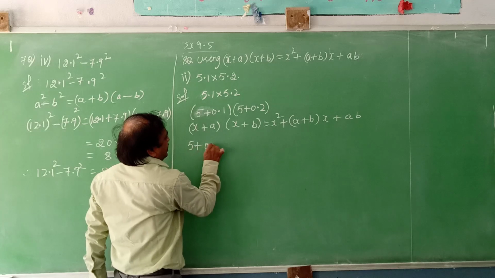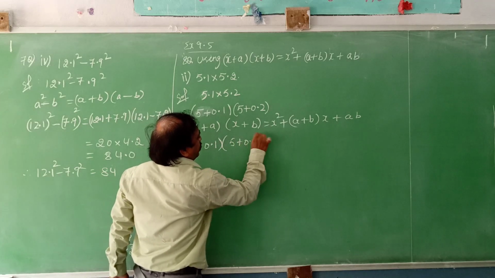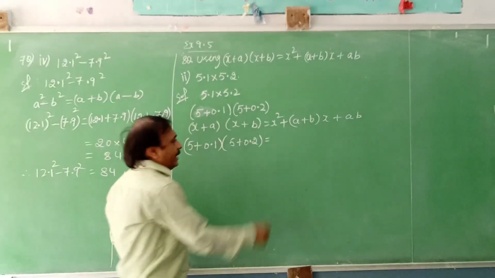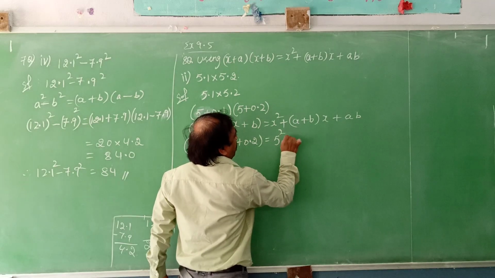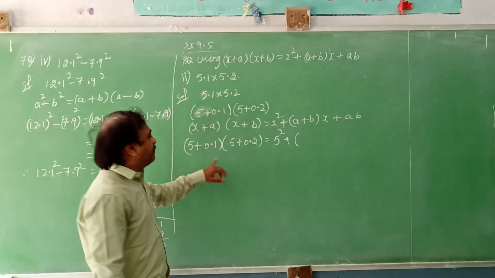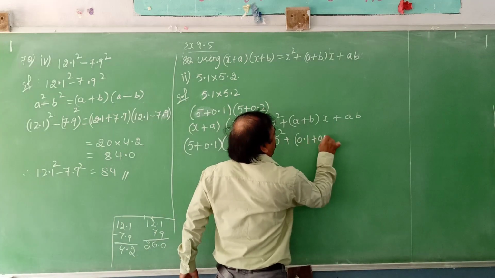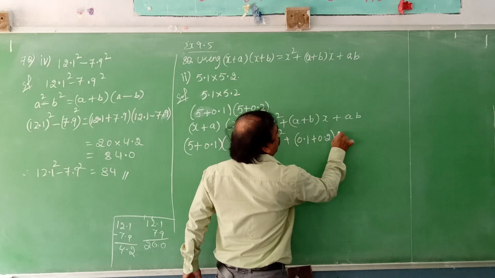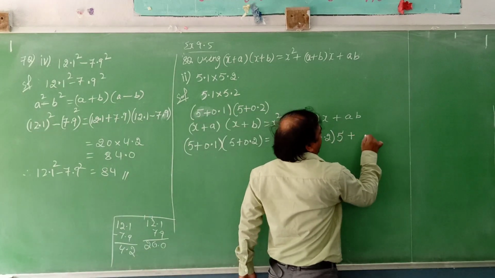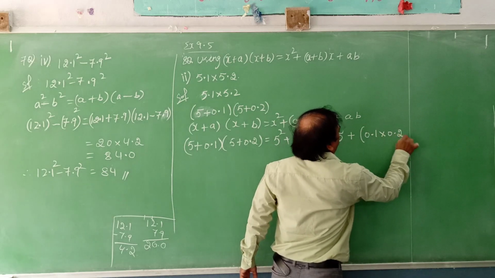So it is equal to x square, and the value of x is 5, so 5 square plus a plus b, 0.1 plus 0.2, into x value 5, plus ab, which is 0.1 into 0.2.